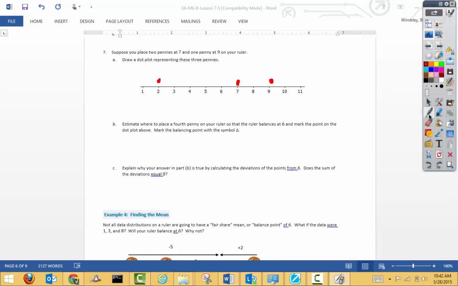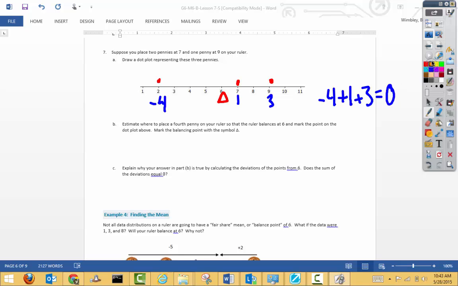Now, part B is asking us to place a 4th penny so that it still balances at 6. So what can we do? Well, from my previous problem, I already know that this has a deviation of negative 4, 1, and 3. When I add all of these up, it equals what? It equals 0. So I already know it's balanced, but yet it wants me to add another penny. So where can I add it so that I don't change its deviation?